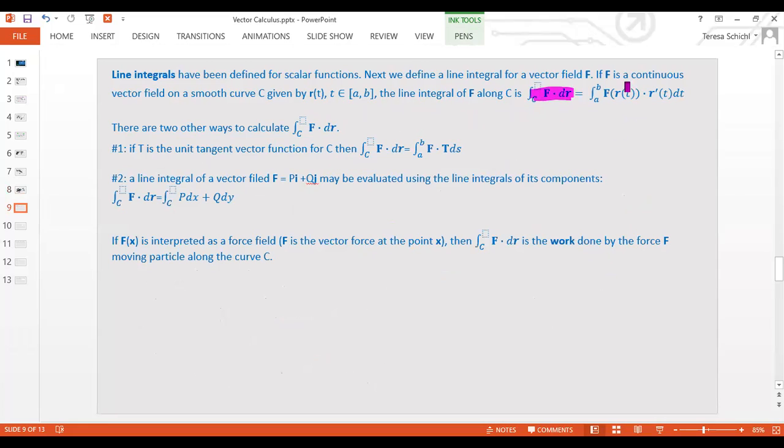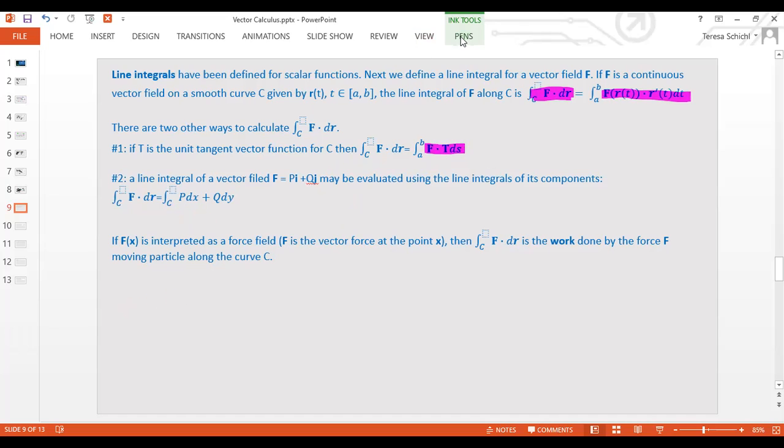We said you can just replace with r(t) and r'(t). That's what we just did. Then we said there are two other ways. Otherwise you do F dot T, and be careful, this is ds. Or you can just use the component functions.